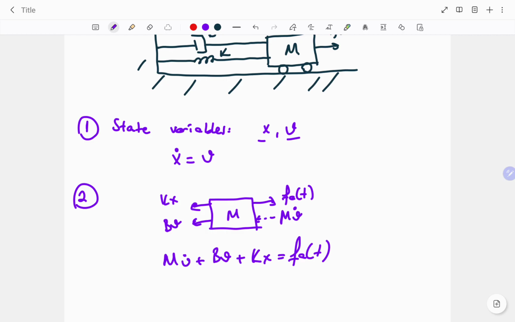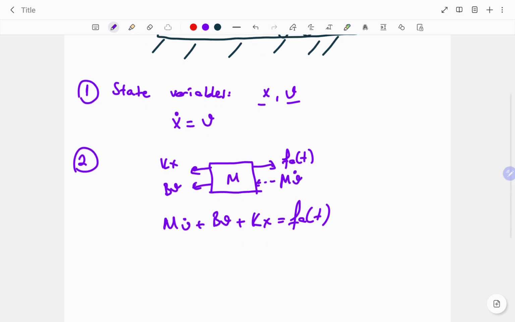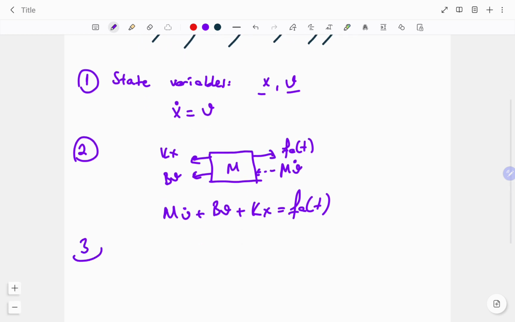In the equation, the left side must include the first derivative of the state variable, so we will find differential equations for the state variables. Since our state variables are the displacement and the velocity, we have to write two expressions to obtain their first derivatives.